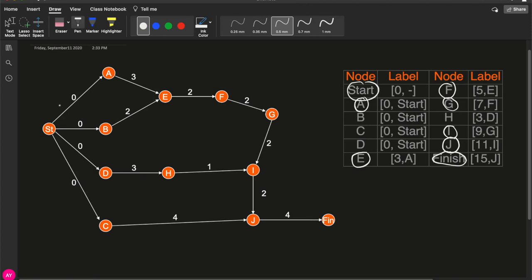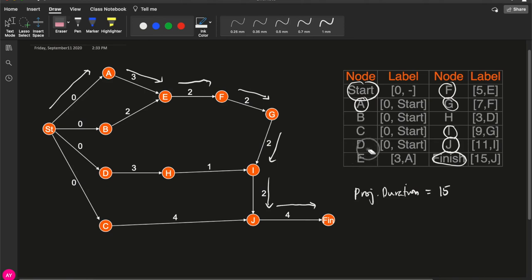As you can see, the longest path determined by the algorithm is this: start to A to E to F to G to I to J, and then finally J to finish. And in this case, we can say that the project duration is equal to 15.